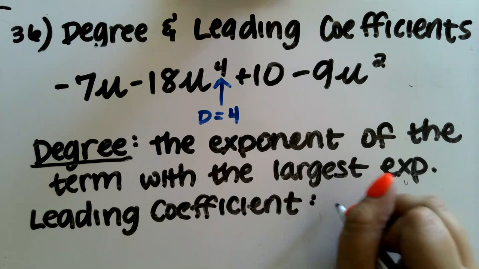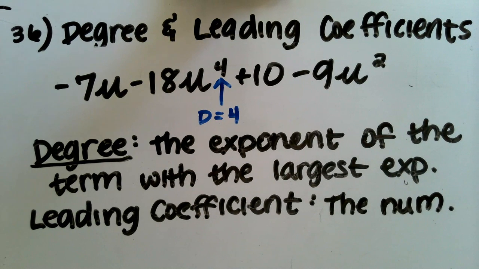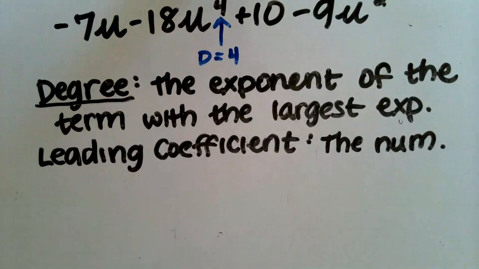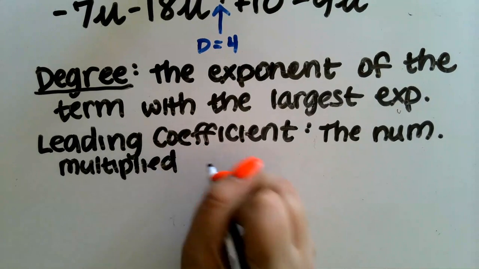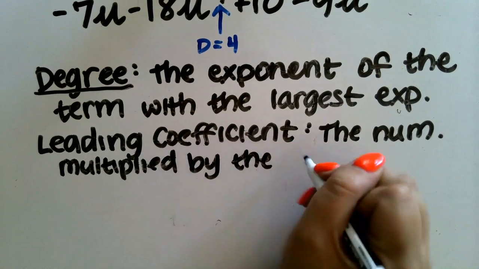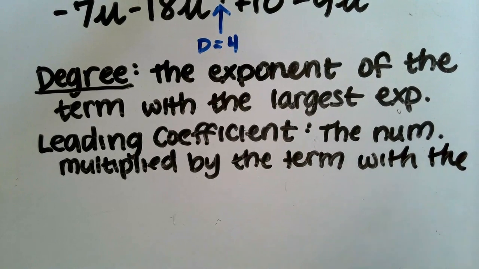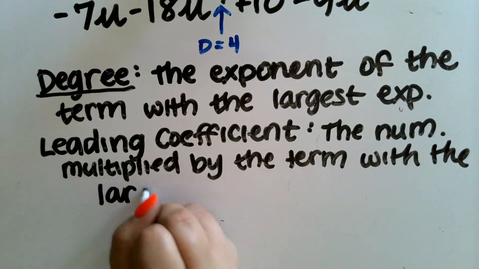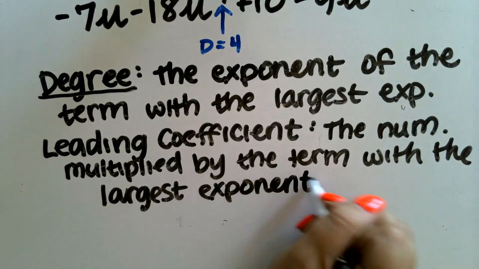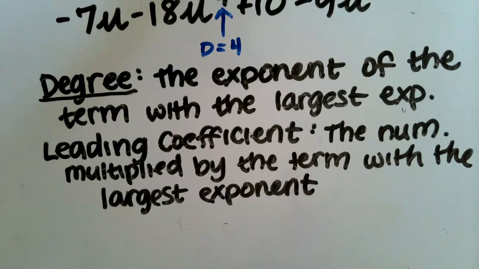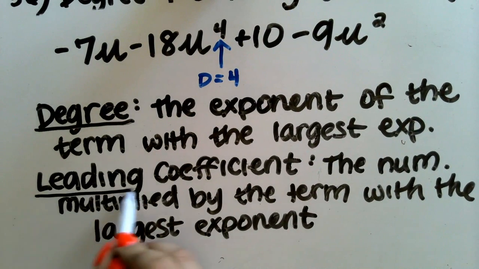The leading coefficient is the number multiplied by the term with the largest exponent. Okay? So first up, we talked about our degree, and now we are talking about our leading coefficient.